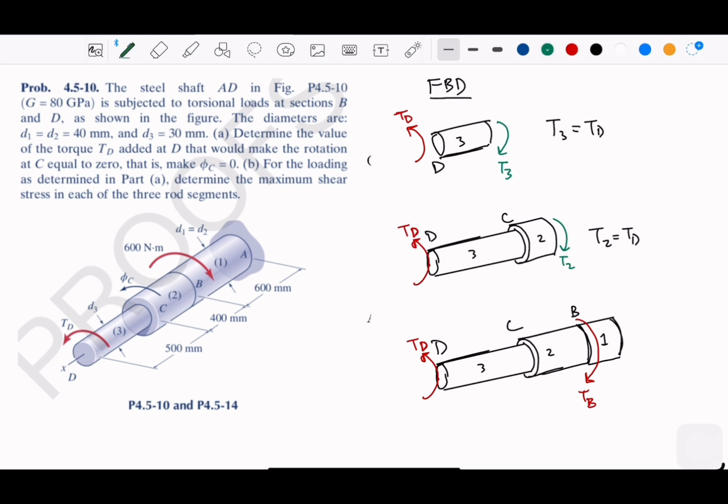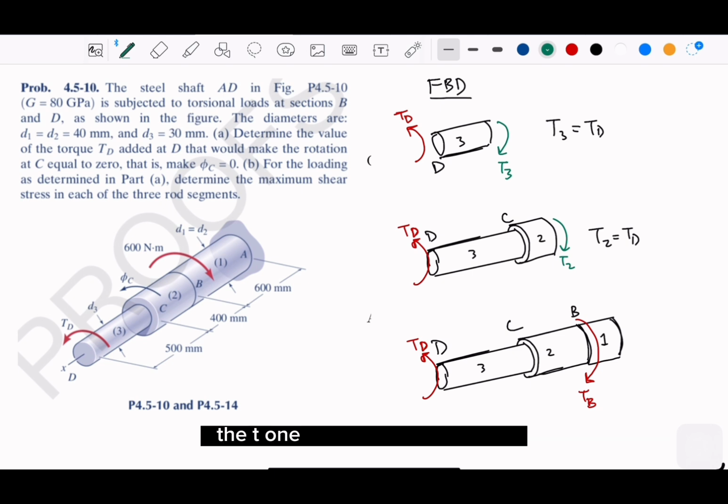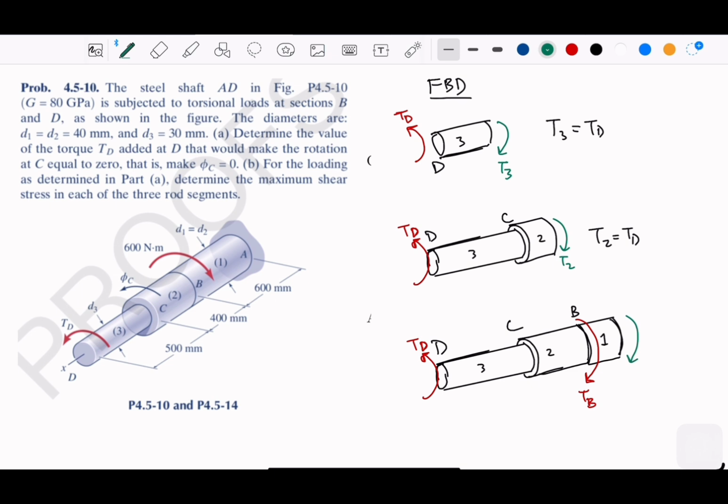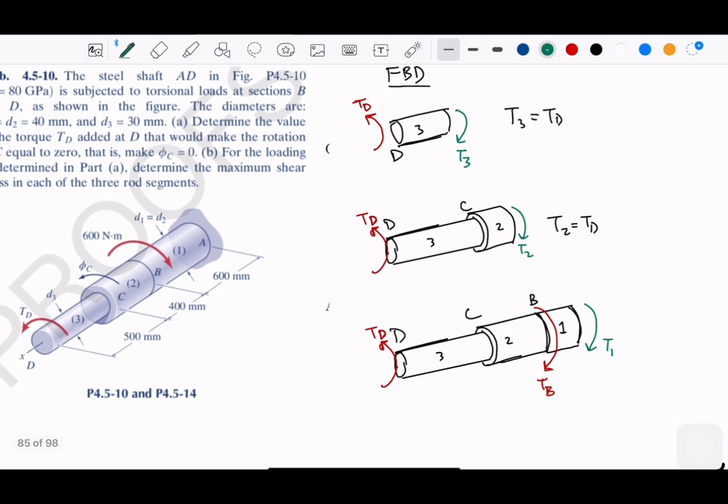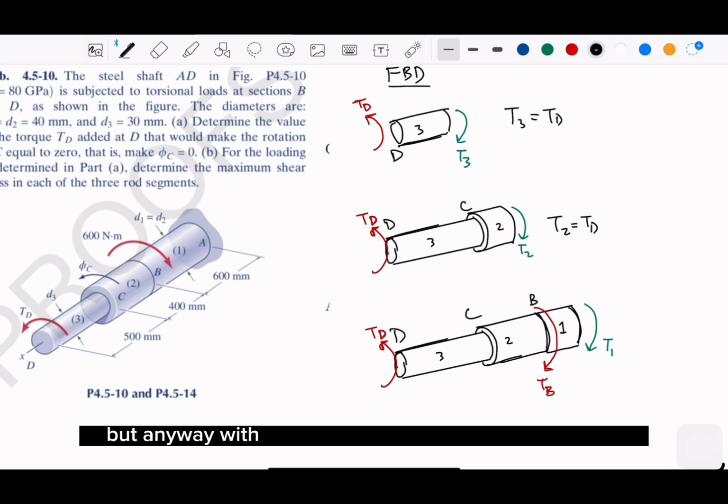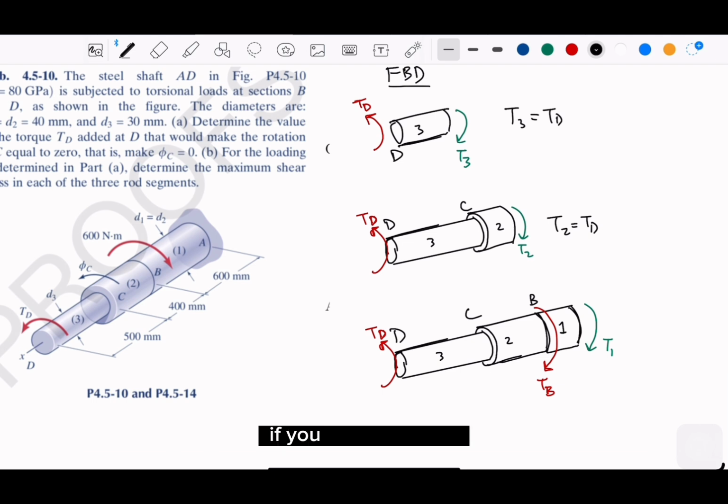And then because we don't know whether the T1 is positive or negative, we could just assume that perhaps it's going over there. But actually you can guess, okay, but anyway, with your assumptions, that should be okay if you're consistent.